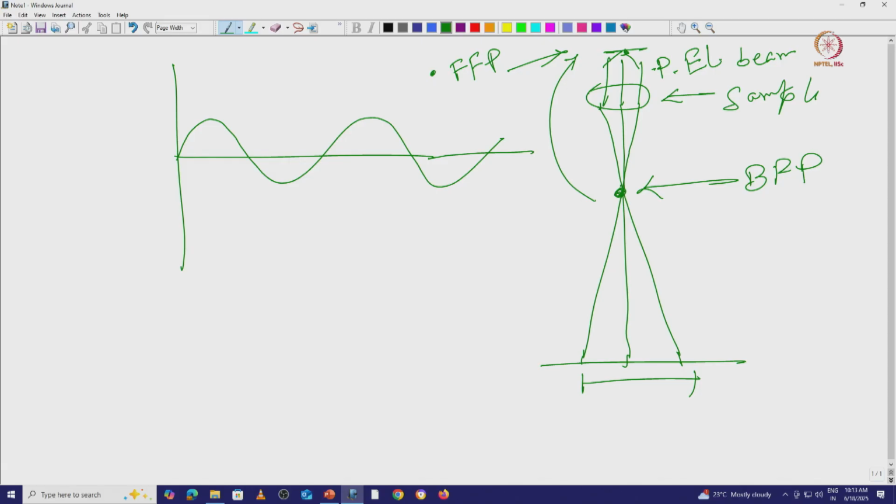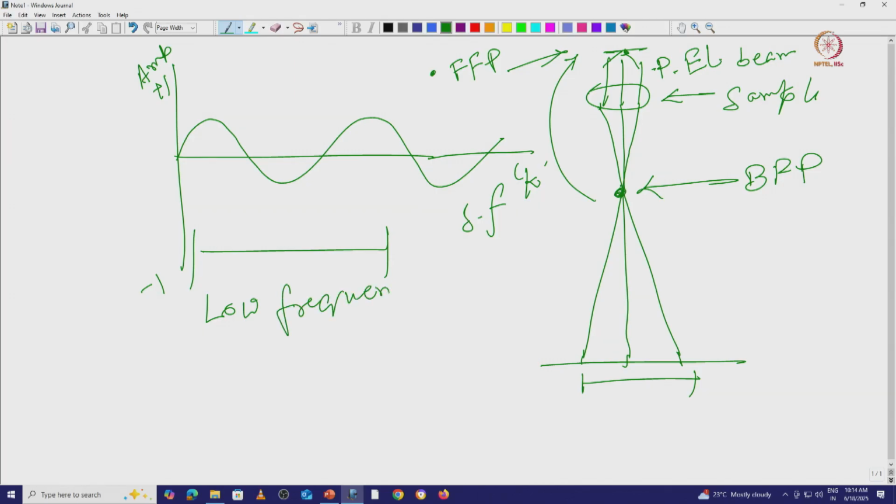This is amplitude, and this is frequency, or spatial frequency, whatever we can call it. So you can mark it: spatial frequency, and this is amplitude. This will be +1 and this will be -1. In this particular region at the beginning, this is called the low frequency signal. And when the signal is going there, that is called the high frequency signal.